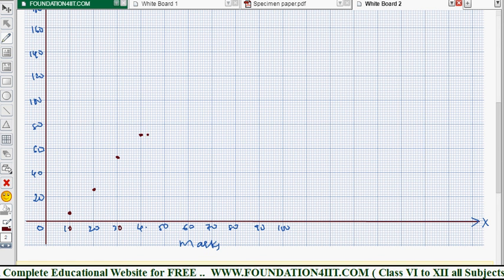And 50 comma 84, which means after 80, the second millimeter. Then 60 comma 105, and 70 comma 147, and next 80 comma 180.